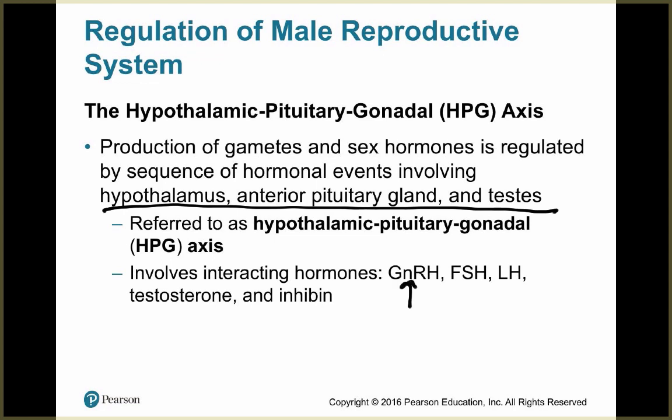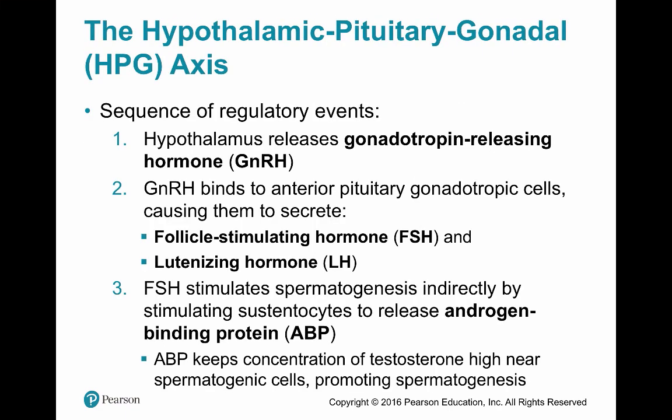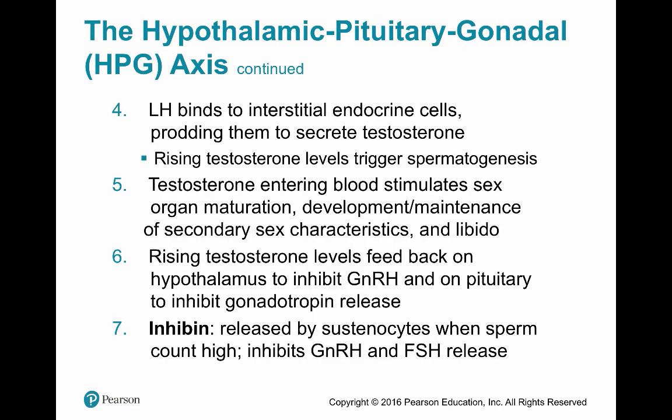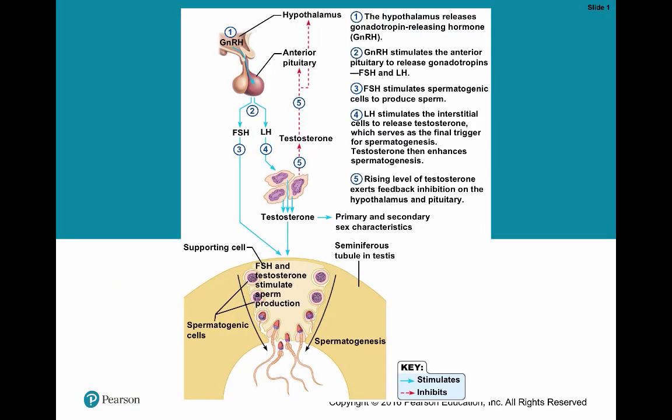You have the gonadotropin releasing hormone, you have the follicle stimulating hormone, you have the luteinizing hormone, you have testosterone, inhibin. So all of these work together. Now I kept these here so that you can read through them. But we're just going to actually look at the picture as we go through here.